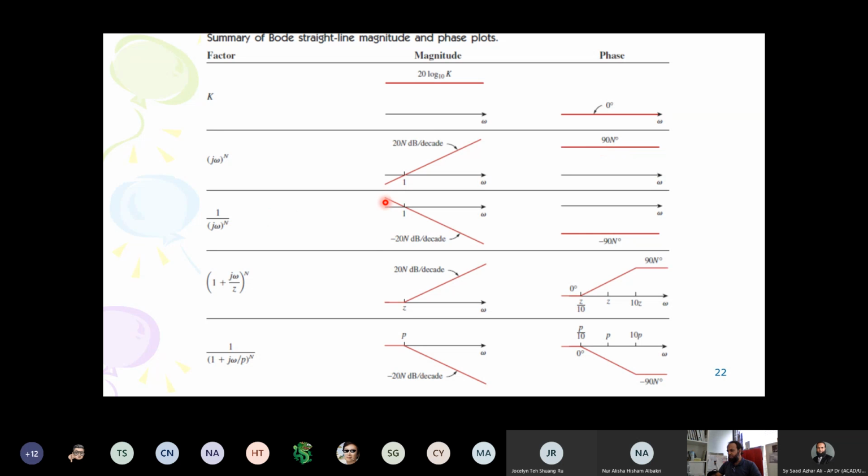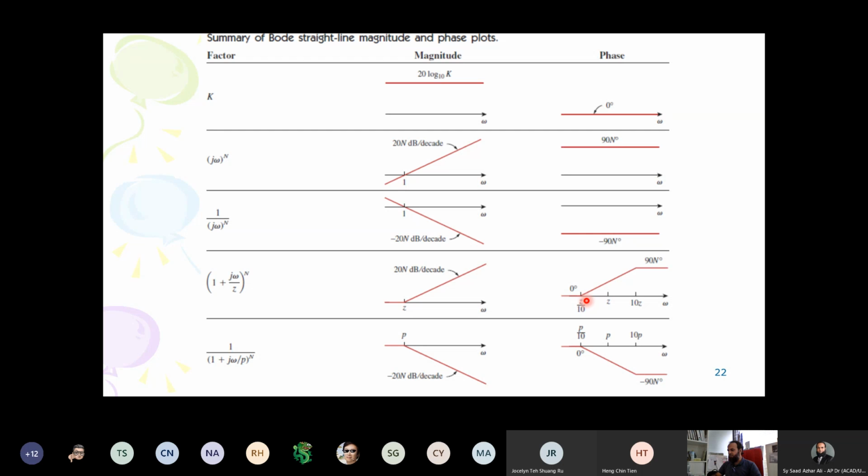Similarly, for the pole, it is negative 20 dB. For the simple 0, we start at Z, and we'll go 20 dB per decade. Once again, if it's not just 1 0 but 2 zeros at the same frequency, it'll be 40 dB or 60 dB and so on.